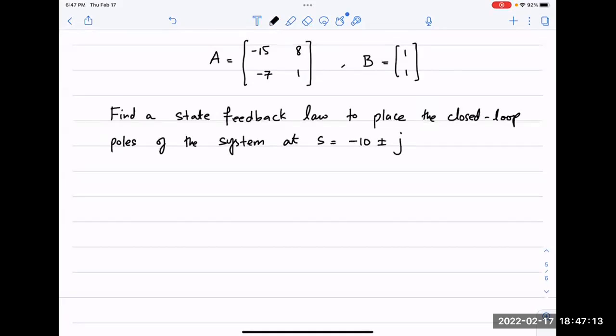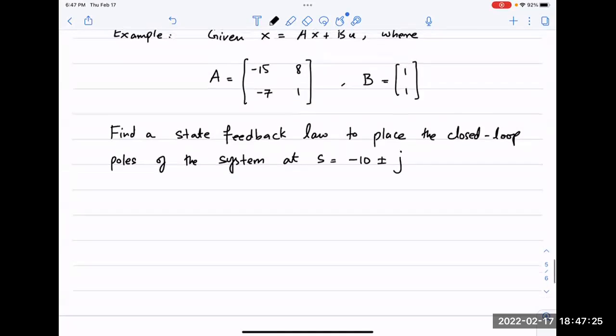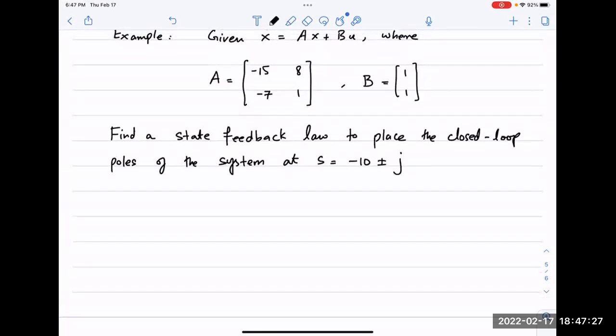So, we are given that the desired poles should be -10 plus j and -10 minus j. There are two different poles that the system should have. Currently the system has different poles. We don't know, but we'll figure it out.